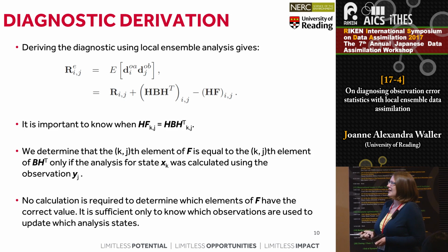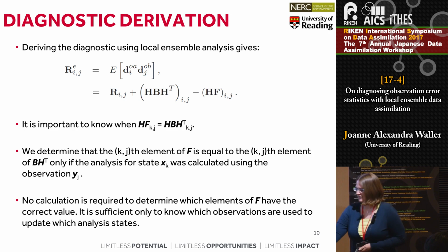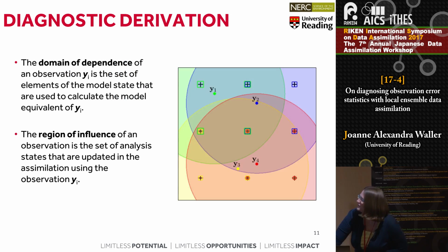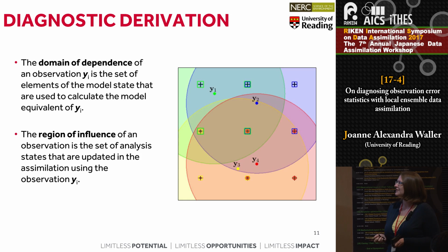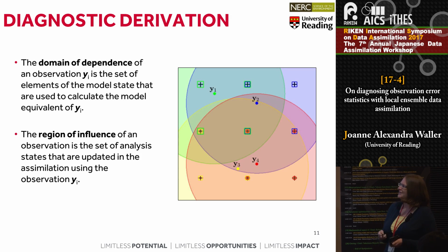We don't actually need to do a calculation to understand what is in F. We just need to know two things. The first is what we call the domain of dependence of an observation, which is the set of elements of the model state that are used to calculate the model equivalent of the observation.